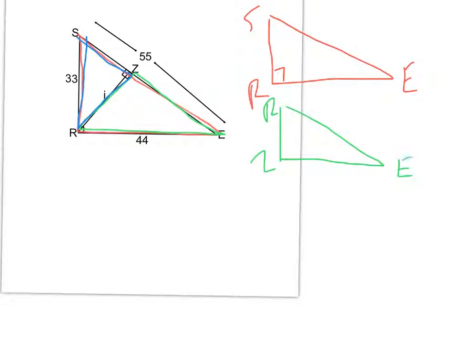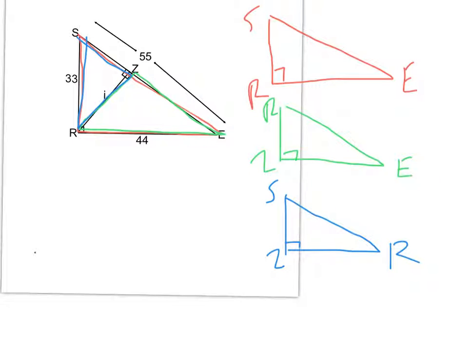I'm going to add my right angle. And our last triangle we want to draw is triangle SCR. Again, adding that right angle, so SCR.